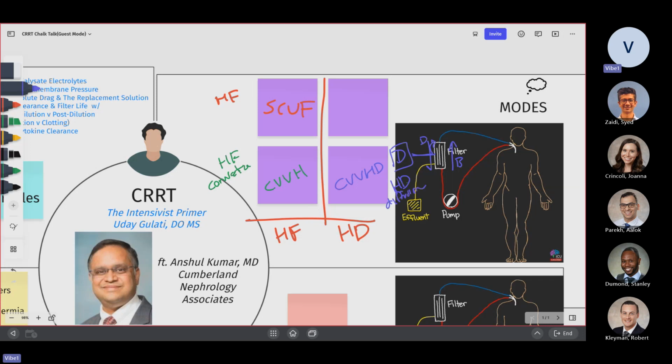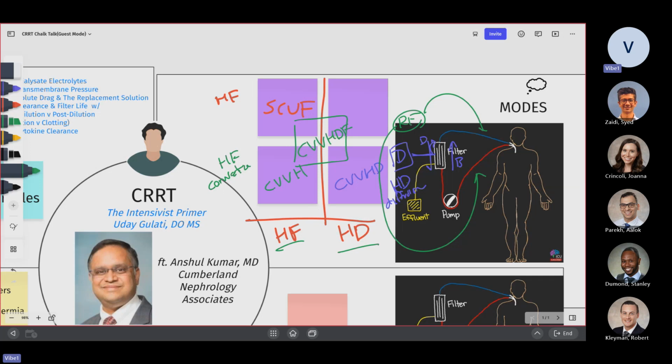And then finally, I'm sure you can figure out what's next. When you put this replacement fluid in, you can also remove larger fluid volumes and get diffusion. If I take that replacement fluid and run it either pre-filter or post-filter, I get pretty much the best of both worlds, hemofiltration and hemodialysis, and that's called CVVHDF, hemodiafiltration. I believe this is what most centers will use, and what we'll use the majority of the time, because you can control everything with this.